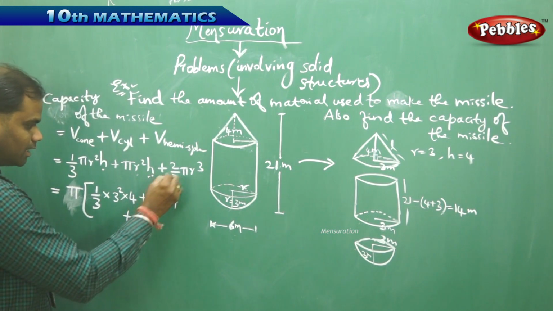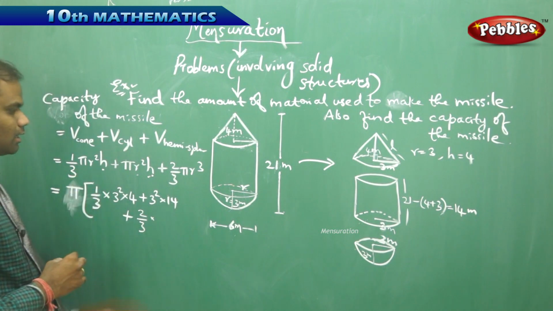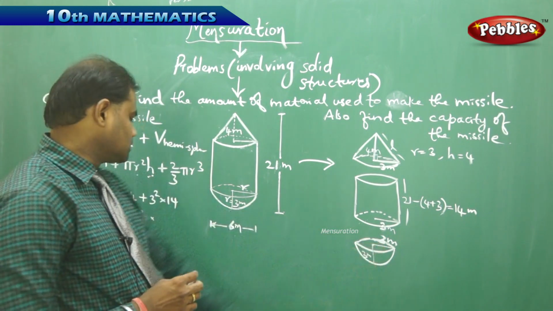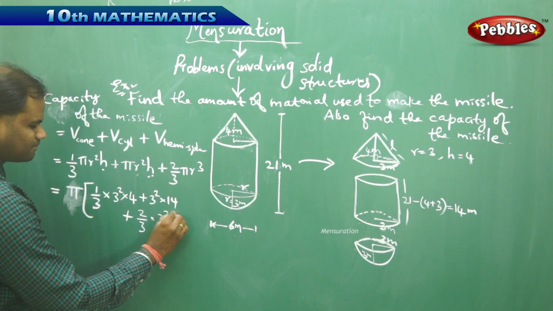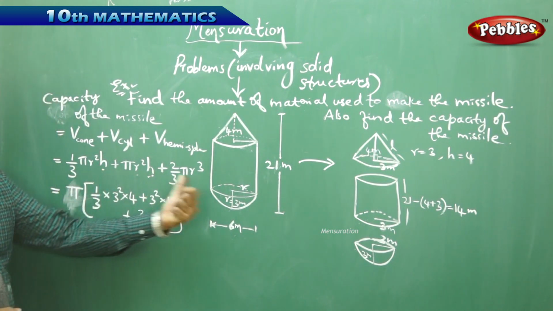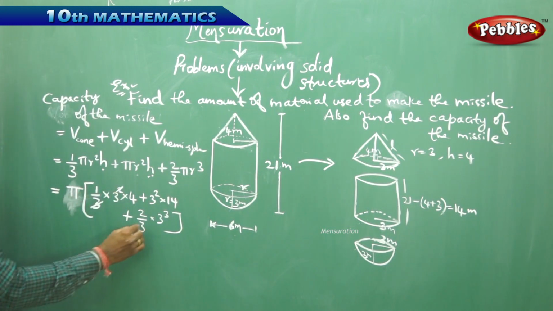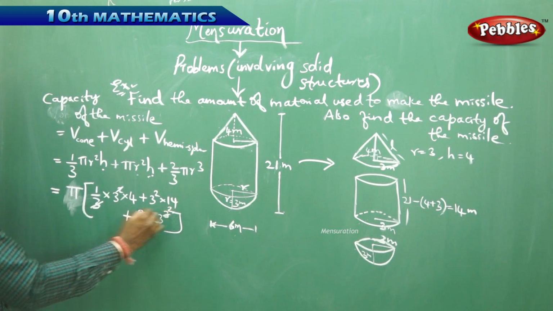Similarly, for this hemisphere, I get 2 by 3 times pi, which is taken out, times r cube, which is 3 cube, is what I get when I simplify for each of the volumes. Now let's simplify this. One of the 3 gets cancelled and one of the 3 gets cancelled as square.